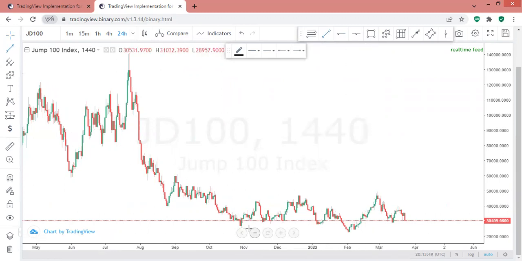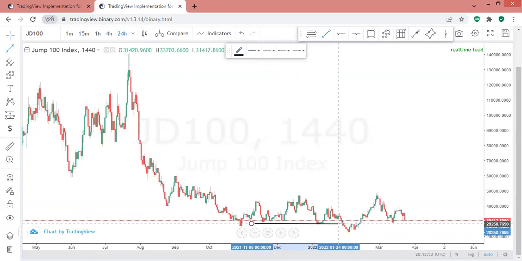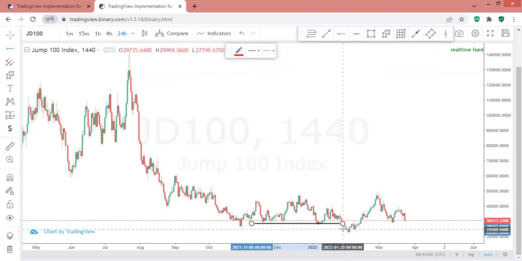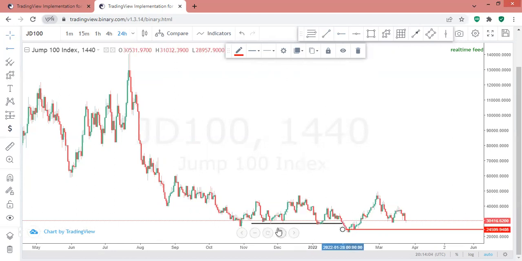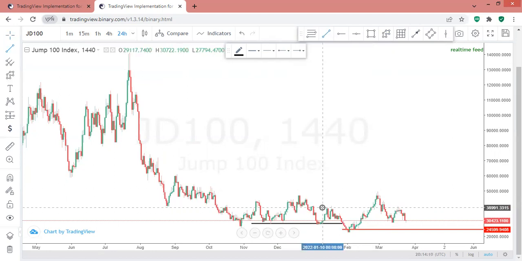Look at what price did. Look at all these lows. Price took out those lows. So what do we have there? An institutional candle, right? Because it took out all these lows. And after taking out all those lows, look at what happened. Break of structure.